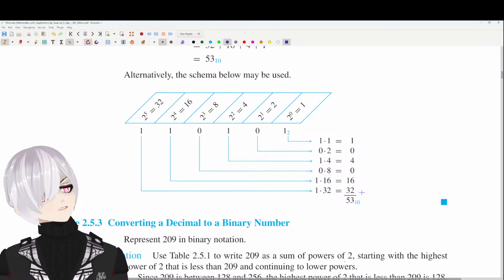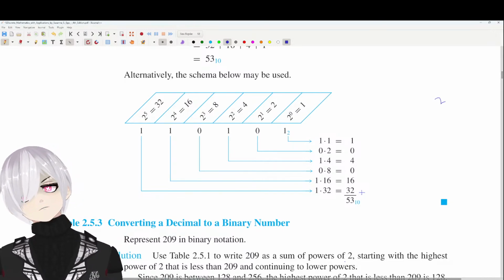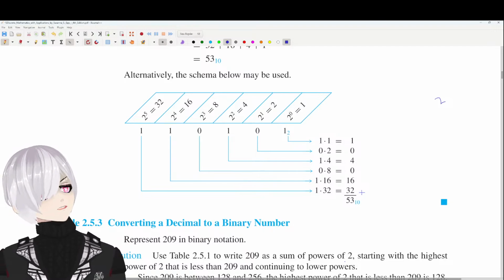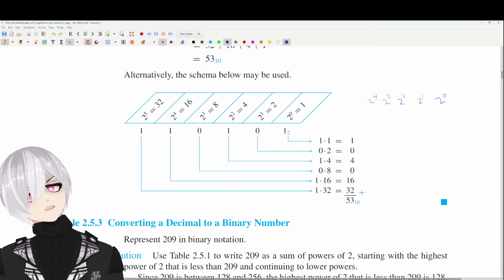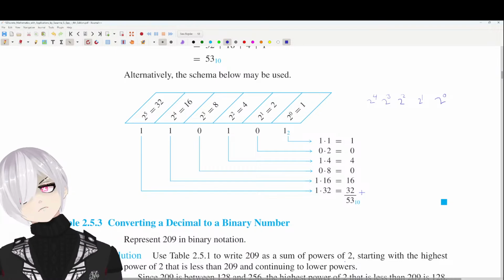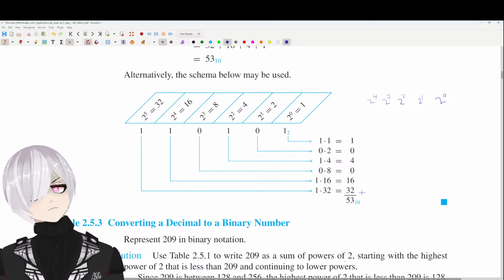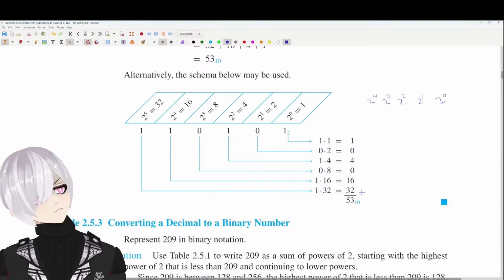How quickly can we find that? If you just memorized it, then that's one way to do it. I think each one is half as big as the one that comes after it, right? Yeah, exactly.